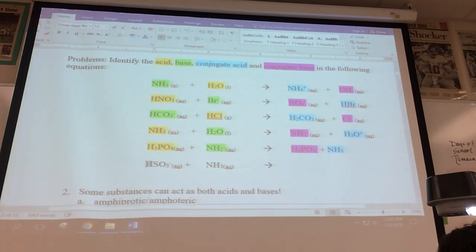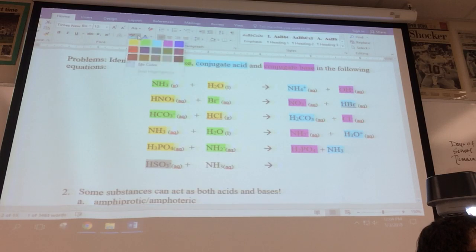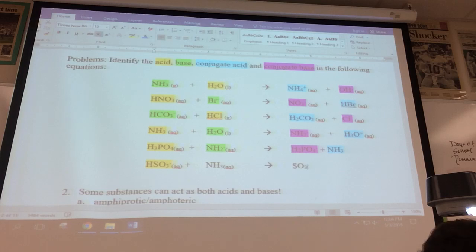So this can either accept or donate, and we already said that ammonia and water have the ability to do both. So there's more than one answer here. If this were an acid, then it would form this conjugate base.